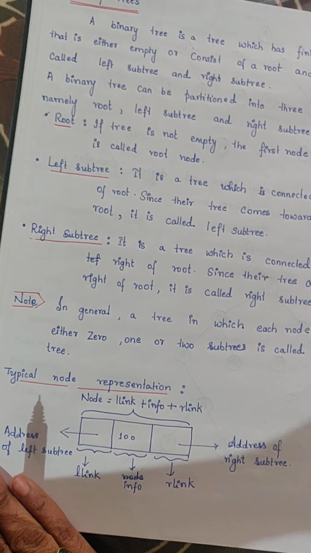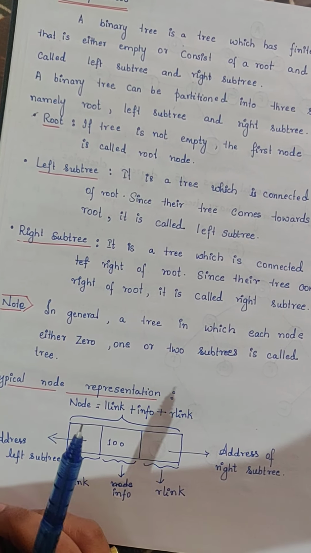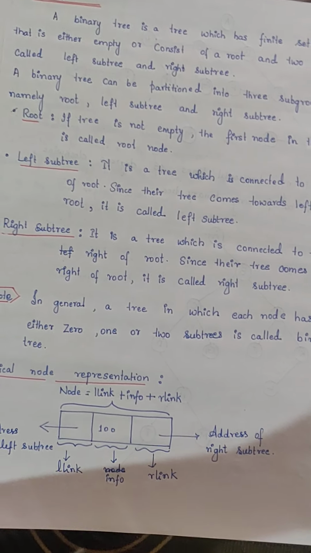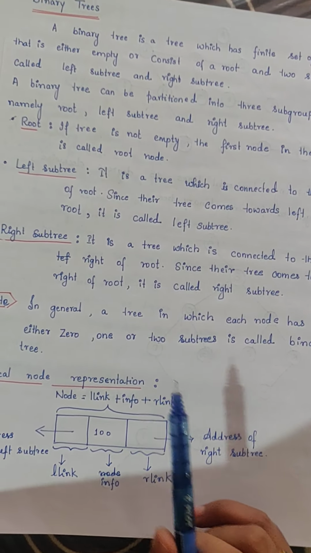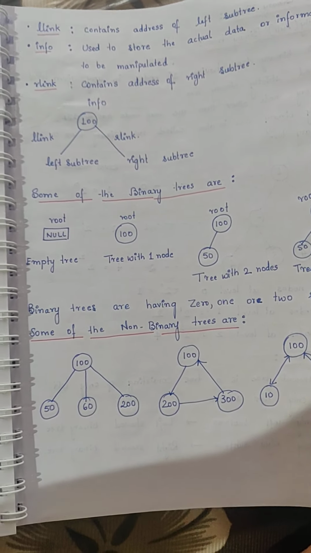Then we have come across what is binary tree. Binary tree means it should be either empty or it should have 1 or 2 subtrees called left subtree and right subtree. Then only you will call that a binary tree, right? So various representations I have shown you.